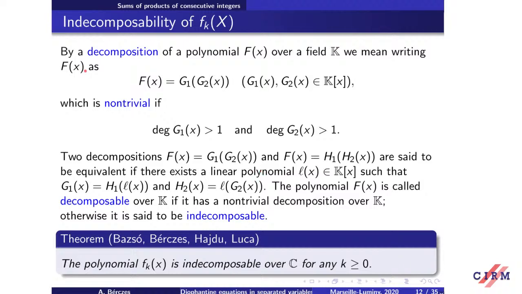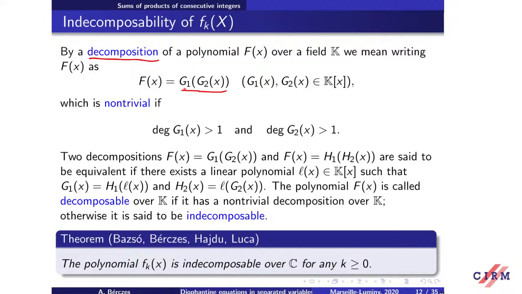Among the first results, I will mention that fk of x is indecomposable. So let us see what we mean by a polynomial being indecomposable. By a decomposition of a polynomial f of x over a field k, we mean that it is written as a composite function of two polynomial functions.